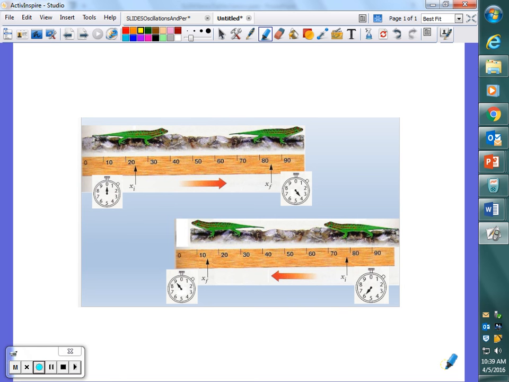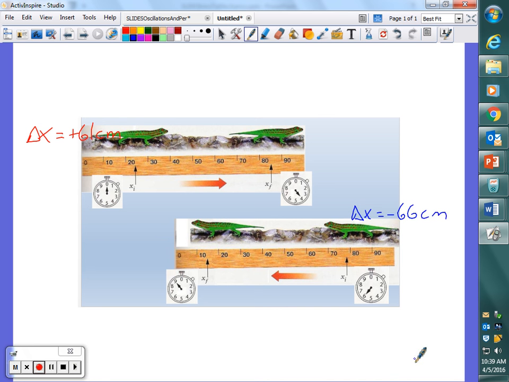The pictures are exactly the same as on the front page. On the front page, we found out that his displacement here was positive 61 centimeters, and the displacement for this picture was negative 66 centimeters. Does that make sense?